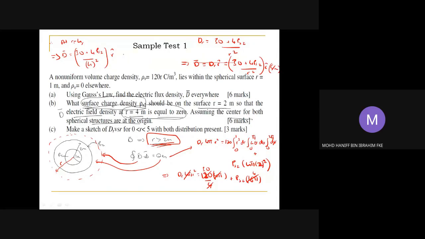So from these terms, we can write that 4 rho s2 shall be equal to negative 30, which will give us rho s2 as negative 7.5 coulombs per meter squared. So that should be our rho s2 value.